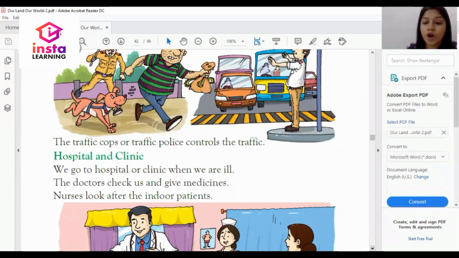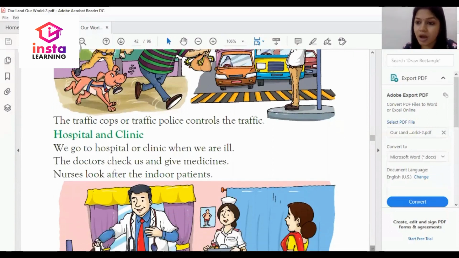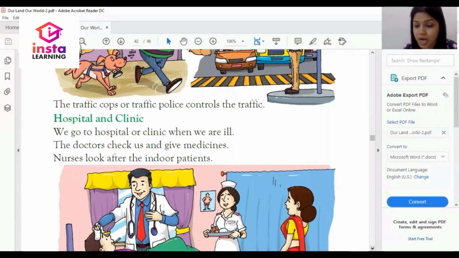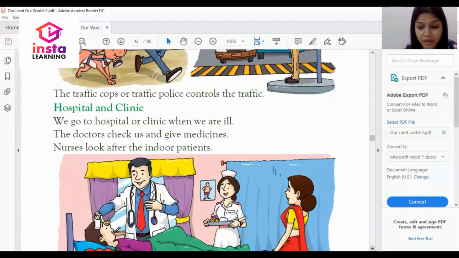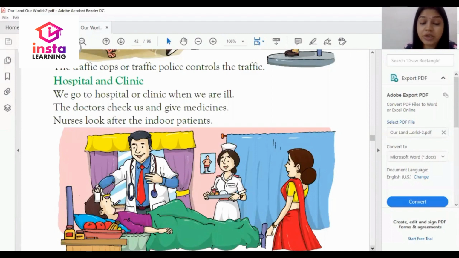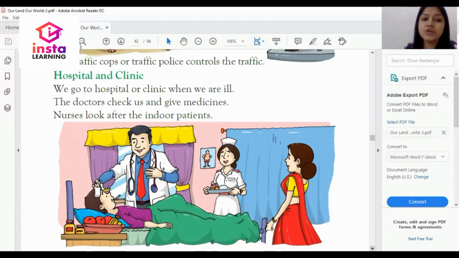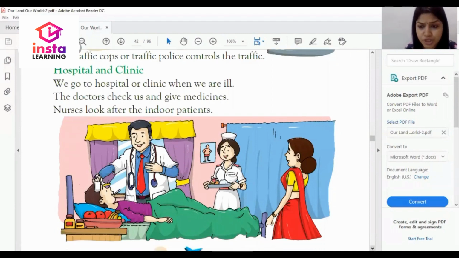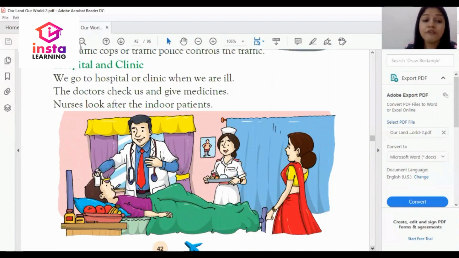Again, hospital and clinics are very important part of our life. So, dear students, why we need hospital and why we go to hospital? So, the answer is we go to hospital or clinic when we fall sick. As I am underlining it.